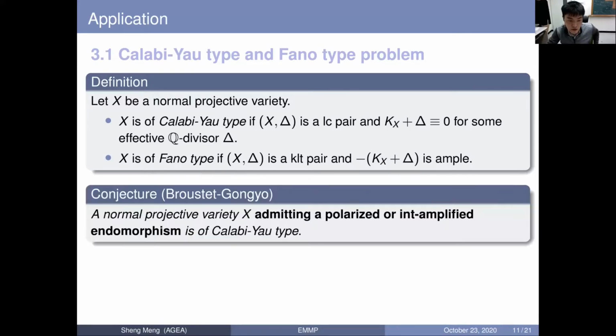Broustet and Gongyo make the following conjecture. They boldly assert that a normal projective variety without any singularity assumption, if it admits a polarized or inter-amplified endomorphism, then it must be of Calabi-Yau type.